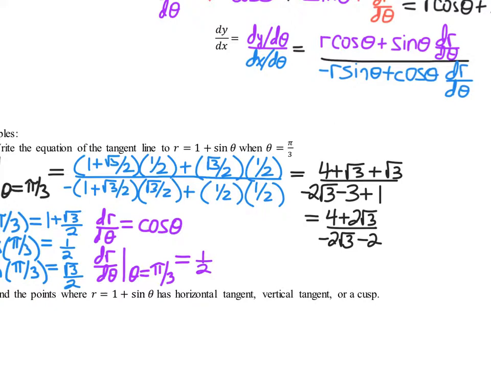This is one of those where I don't even want to check it on the calculator, because if I do, I'll find out that I made a mistake. All the coefficients are even though, so let's do that. 2 plus radical 3 over negative radical 3 minus 1.